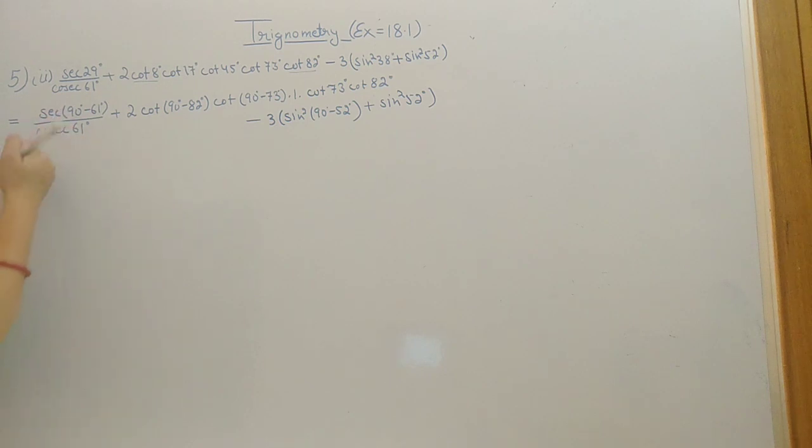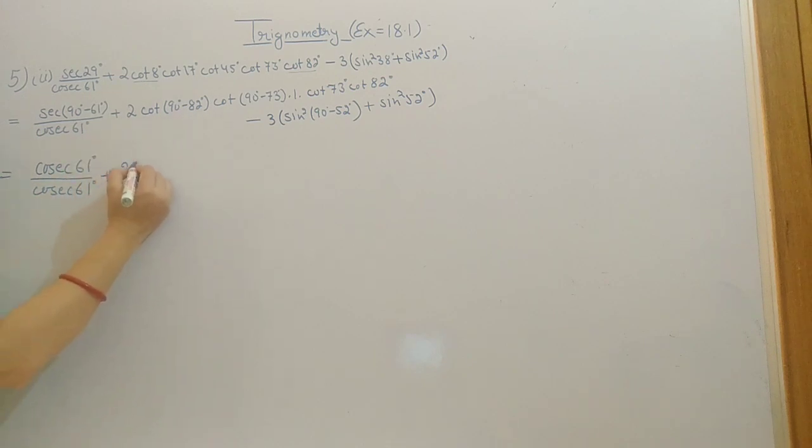Now this first term, sec (90 minus theta) will become cosec theta, cosec 61 by cosec 61. So it will cancel out and you will get 1 here. Second term, cot (90 minus theta) is equal to tan theta.